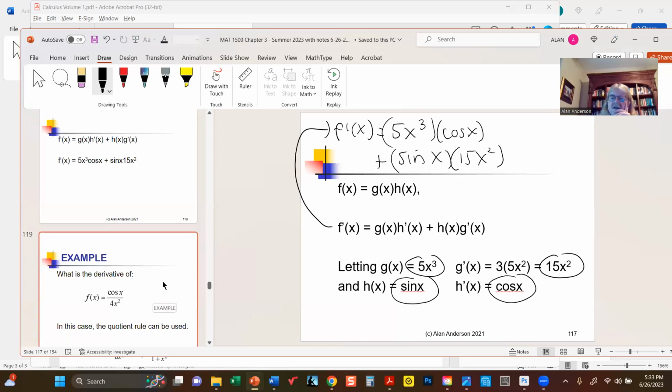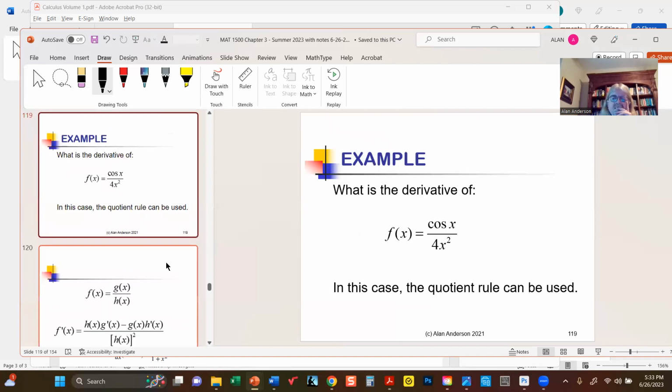All right, so now for the next example, we're going to see what happens when we use the quotient rule. So here's our function now. So g of x is clearly the cosine of x. h of x is 4x squared.